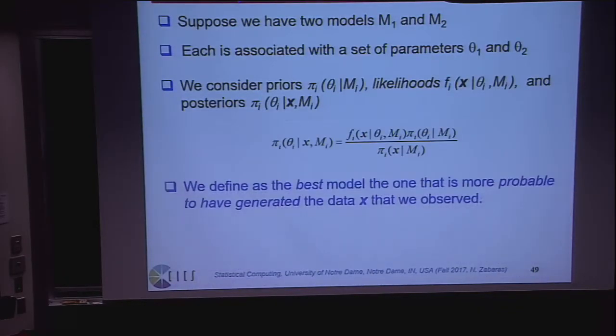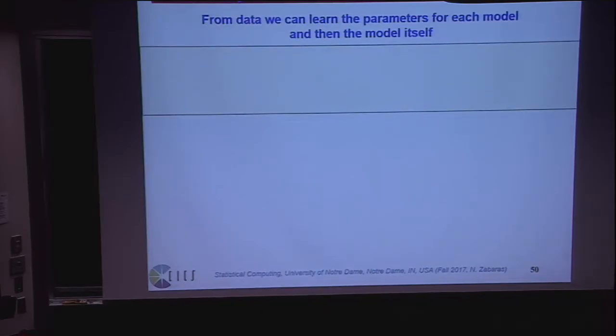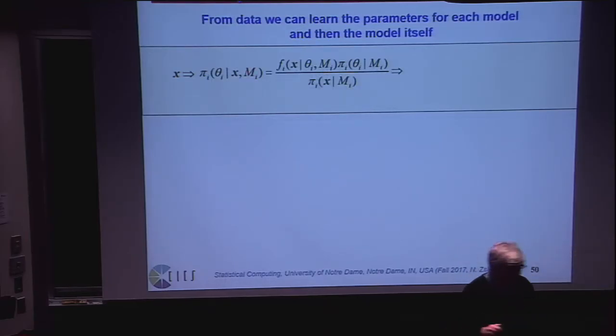I'm going to try to give you only the essence of what we need to know. Let's look at model MI, capital MI, one of the models. This equation is basically Bayes' rule the way we know it. If it looks complicated, there's nothing complicated.